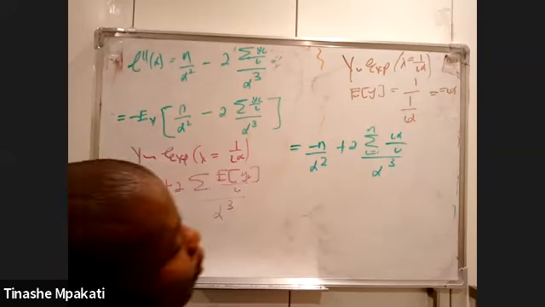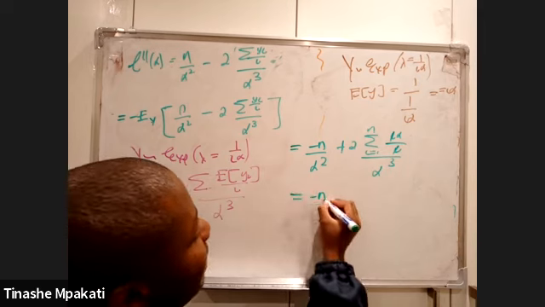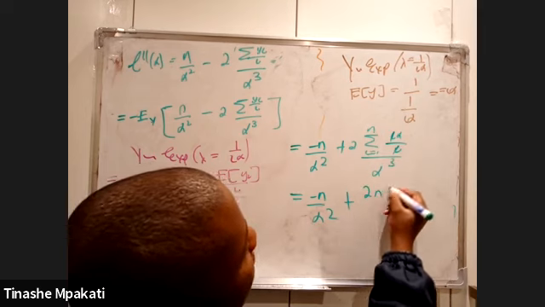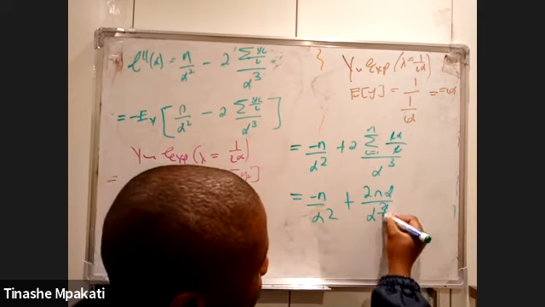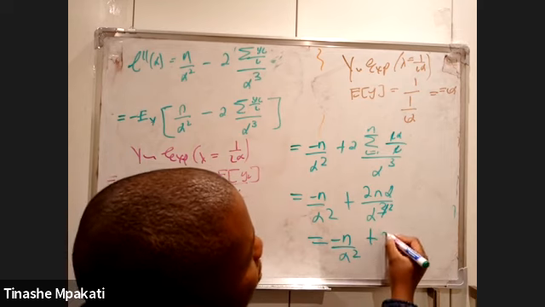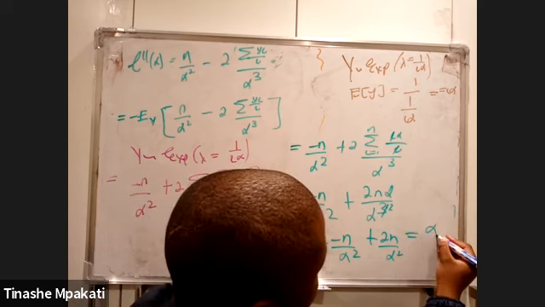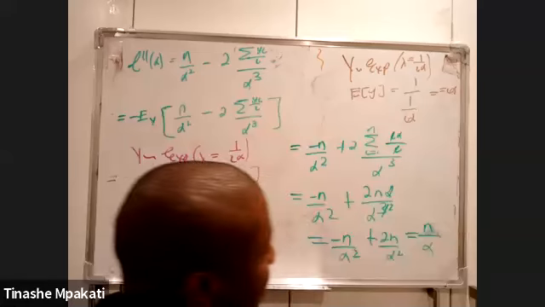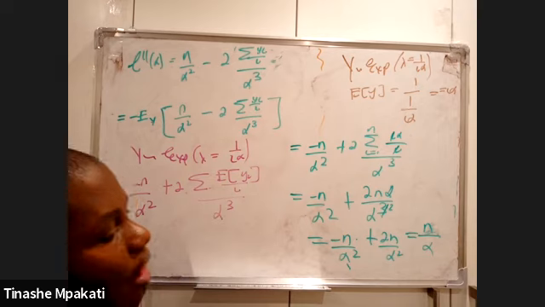So the I's will cancel, so that you have minus n over alpha squared plus, now this is just an n, so this will be 2n alpha divided by alpha to the power 3, so the alphas will cancel, and we'll be left with minus n over alpha squared plus 2n over alpha squared.